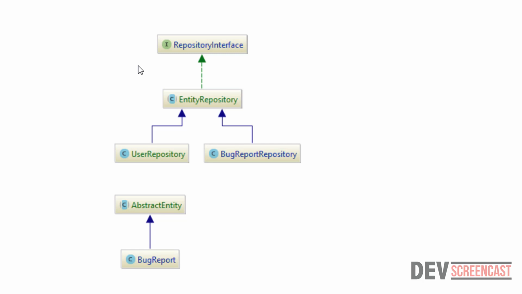So for anything that is related to bug report, we're going to use the bug report repository. And anything that is related to the user entity, if we have this in our application, we're going to use the user repository. And then you can see here that I also have an abstract entity, and then I have bug report entities. So this is a simple way to just illustrate how we would design things.